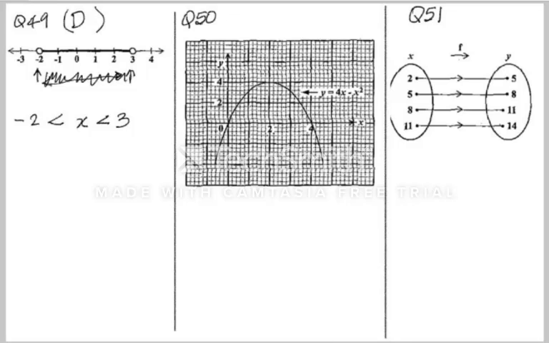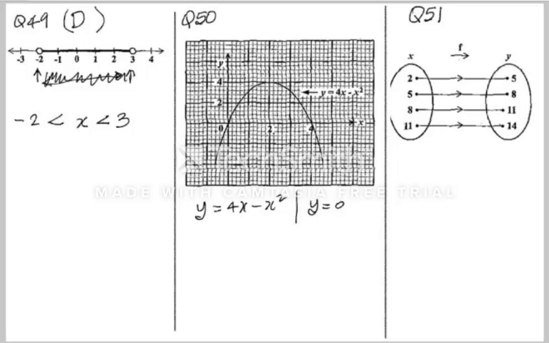Question 50. Question 50, it says the values of x for which y is equal to 4x minus x squared intersects the line y is equal to 0.